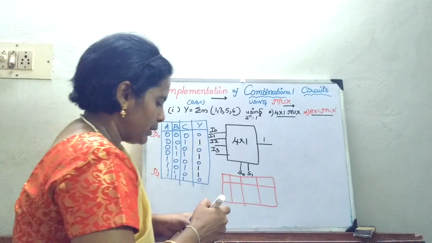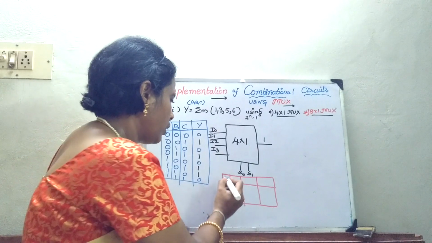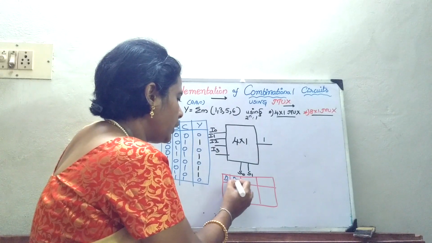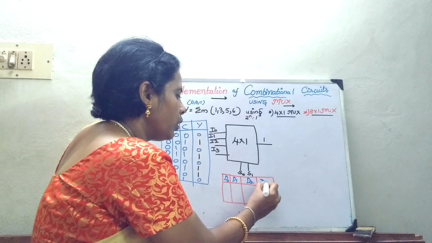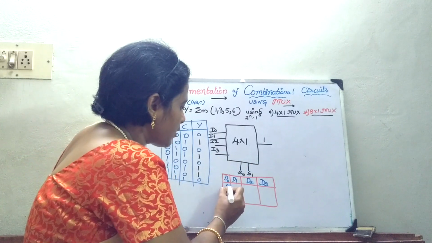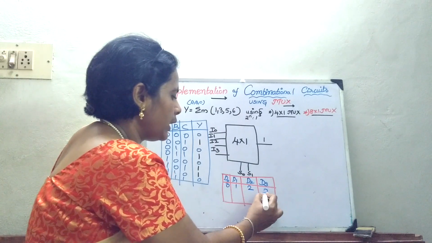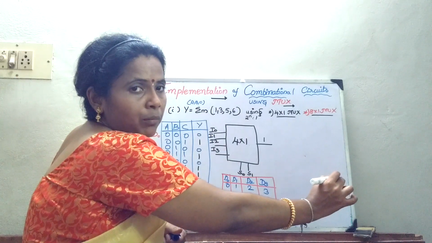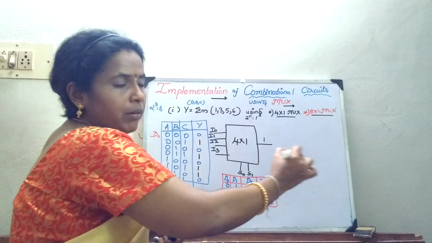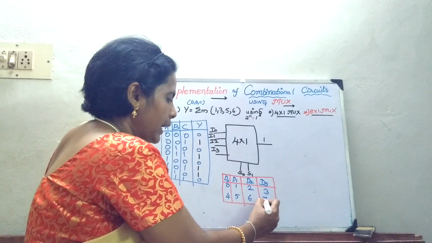So what variables will you be having? D0, D1, D2, D3. Now I'll write the variables 0, 1, 2, 3. I am not writing in the same line because D7 has been reduced to D3, so I am writing in the second line.